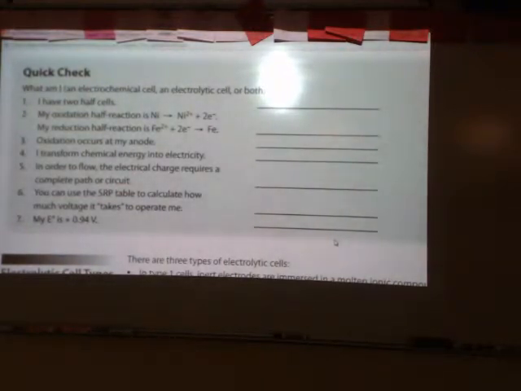It's above. Wait. Number 2, I think is... I just realized it said reduce rather than reduction. Oxidation.